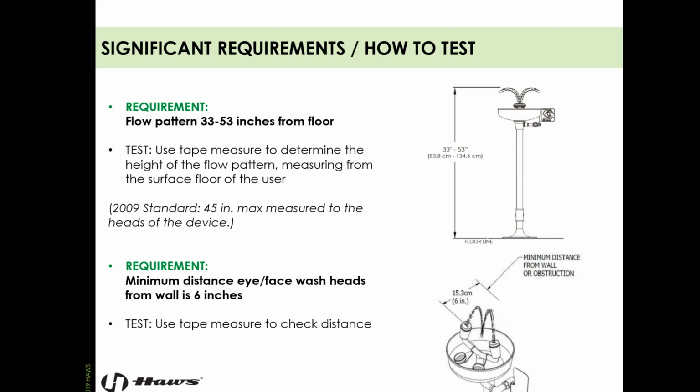Okay, it's not going to be built so that it's too tall for some users or too short for other users. Okay, there is also a minimum distance for the heads of the device from any obstruction, okay, which is 6 inches. And they just want to make sure that the flow pattern is not going to be obstructed, and 2, you're not going to hit your head on anything when you go to use the device. Okay.